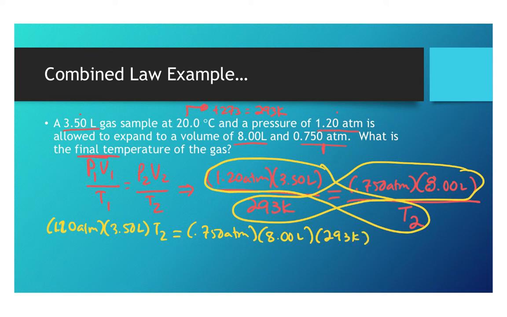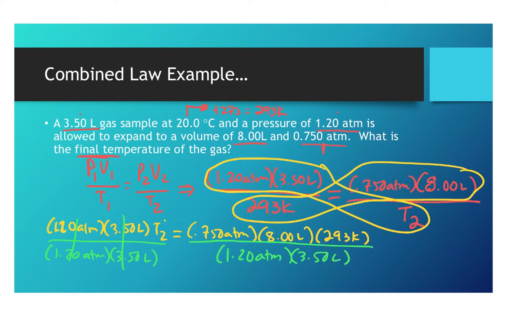Now to solve this for T2, we need to get T2 by itself. The way we do that is by dividing everything else away from it. So 1.2 atmospheres, 3.50 liters, that's going to cancel it on this side. If I do it on one side, though, I have to do that on the other. So 1.20 atmospheres times 3.50 liters.